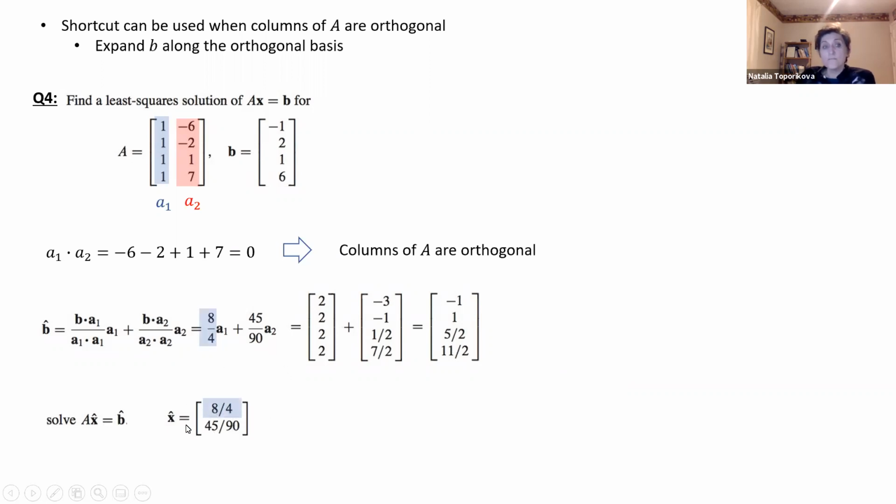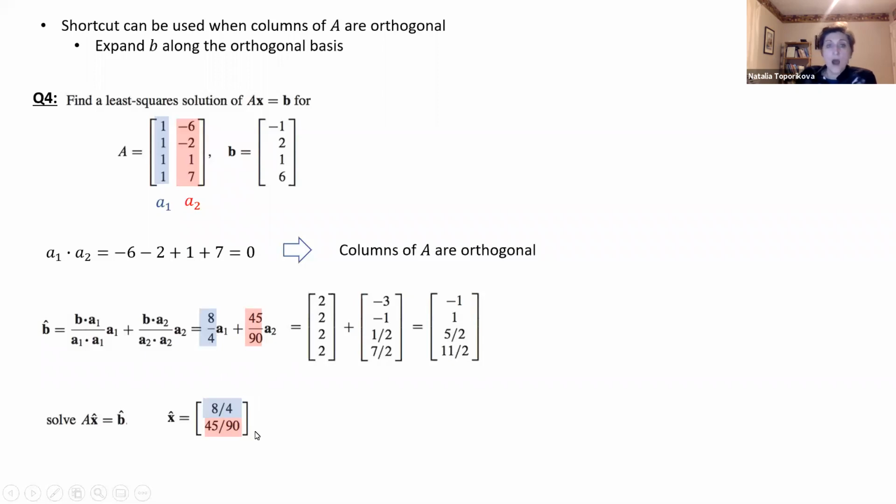The first component of our vector X hat is just the weight in front of the first orthogonal vector A1. The second component of vector X hat is the second weight in front of the orthogonal component A2. So that is a rather easy operation.